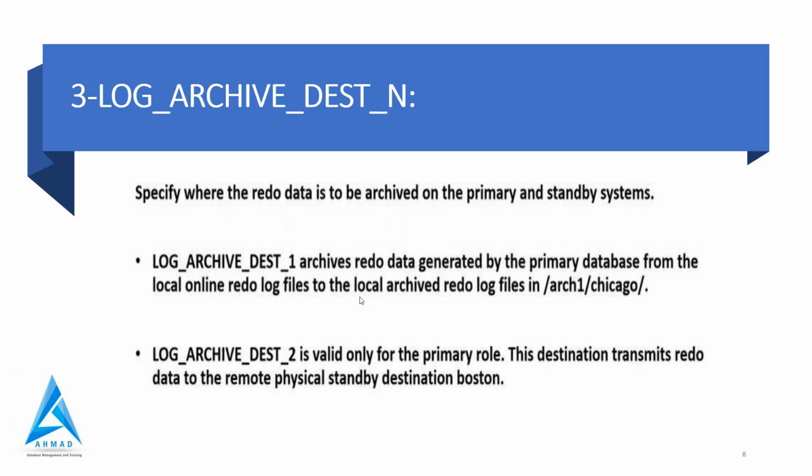Now come to the third parameter, LOG_ARCHIVE_DEST_n. It specifies where the redo should be archived on the primary and standby. So LOG_ARCHIVE_DEST_1, LOG_ARCHIVE_DEST_2, this is the way you can define your archiving destination.